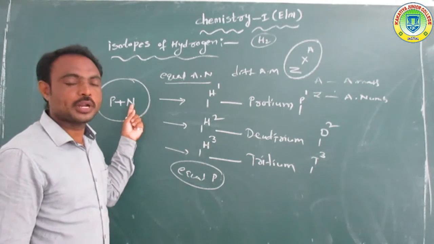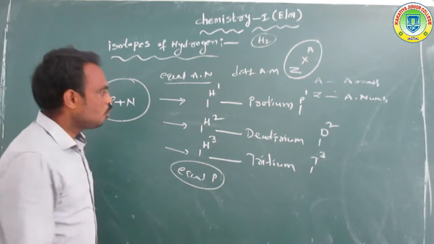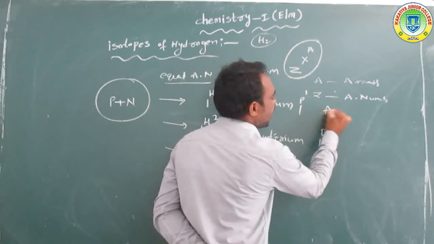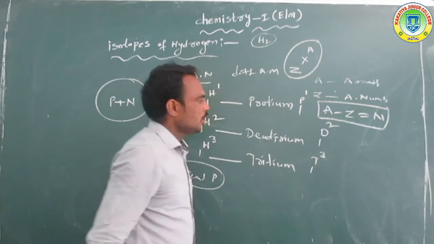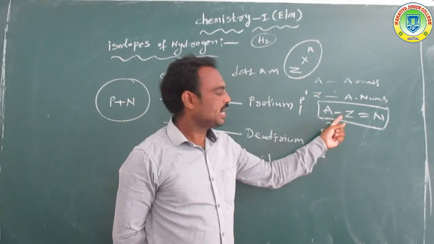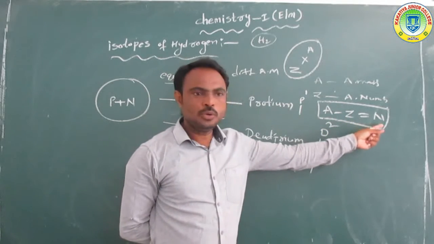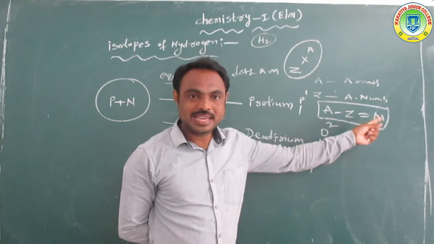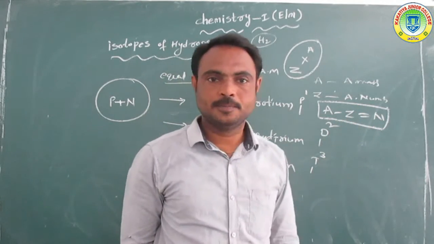neutrons. So how do we calculate the neutrons? A minus Z is N. A is the atomic mass, Z is the atomic number, and N is the number of neutrons.